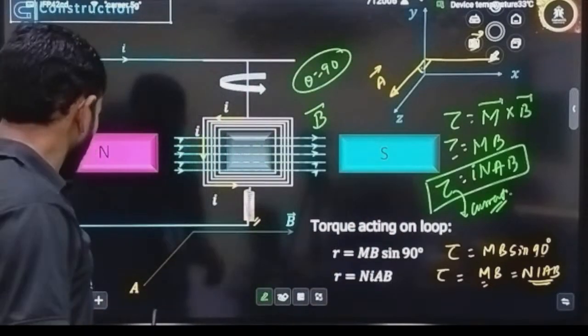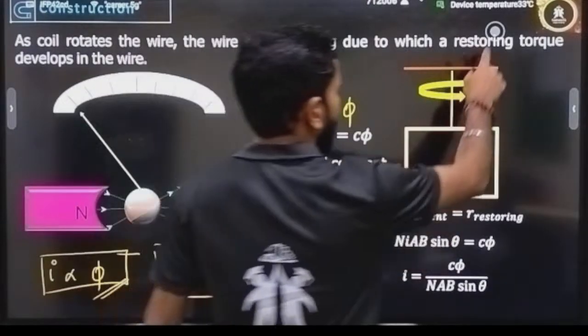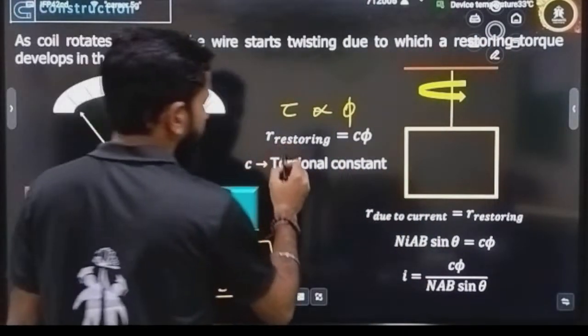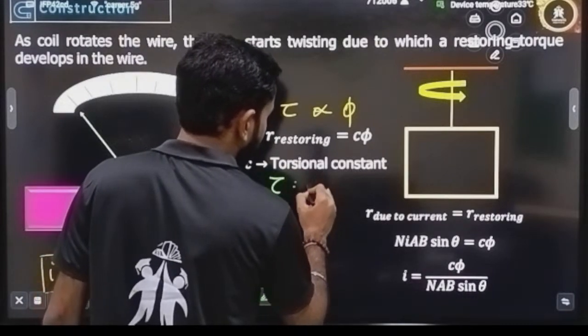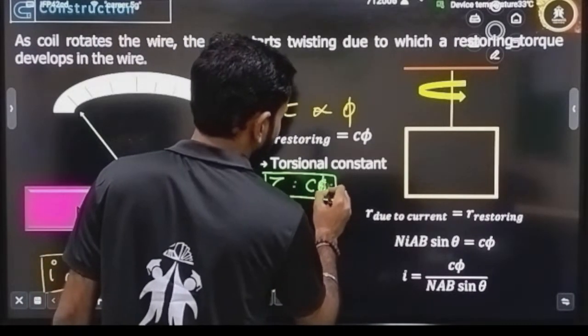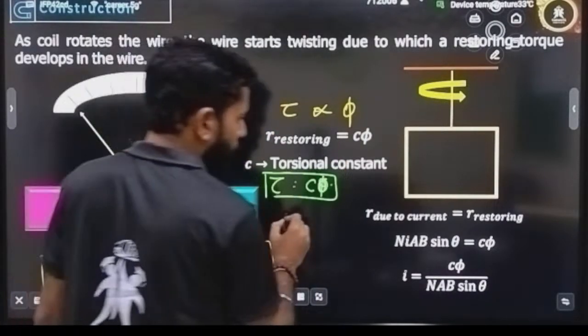So what will be happening due to that? Due to this rotation, it depends on the angle by which you have rotated. So the torque due to this rotation will be equal to C theta. Let's write it, C into theta. So I can say both the torques will be equal.